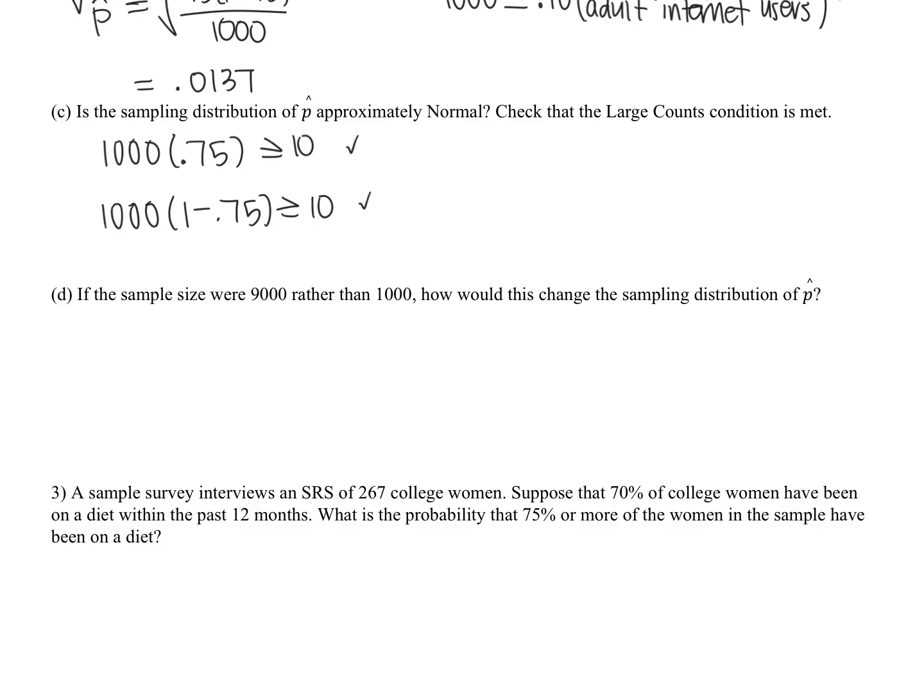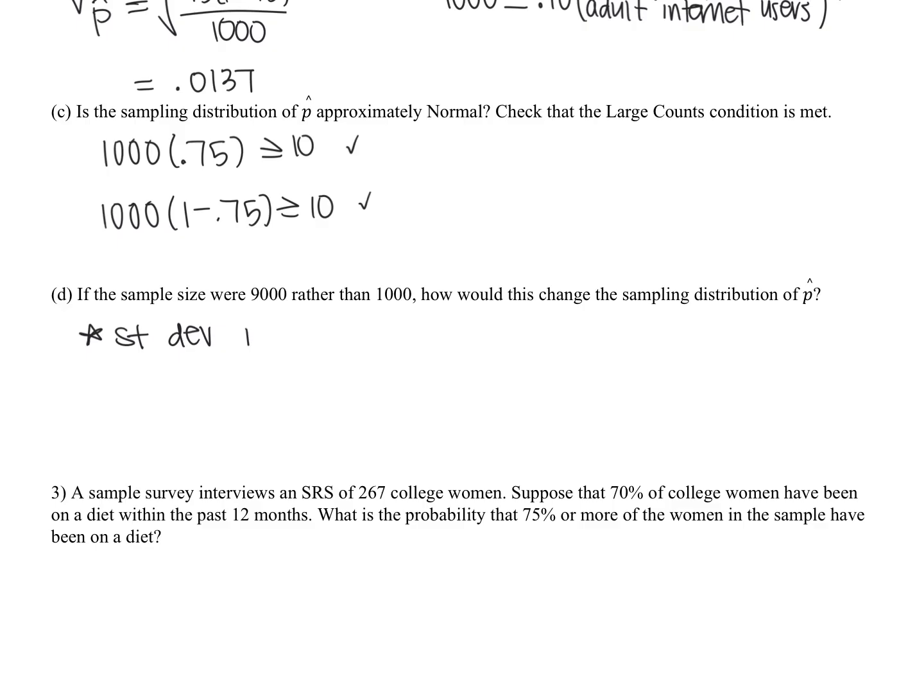So there are two things that are always affected by changing your sample size, and that's going to be your standard deviation and your shape, because both of those rely on n, which is your sample size. So standard deviation, in this case, anytime you increase your sample size, you decrease your standard deviation.